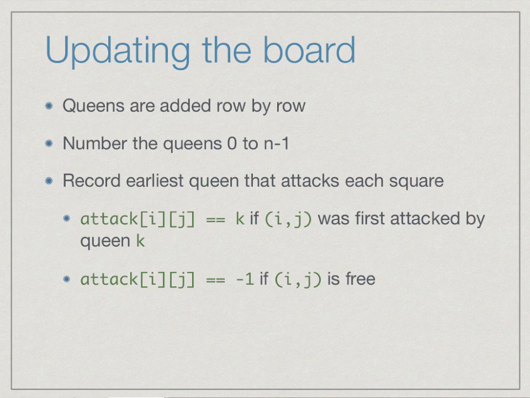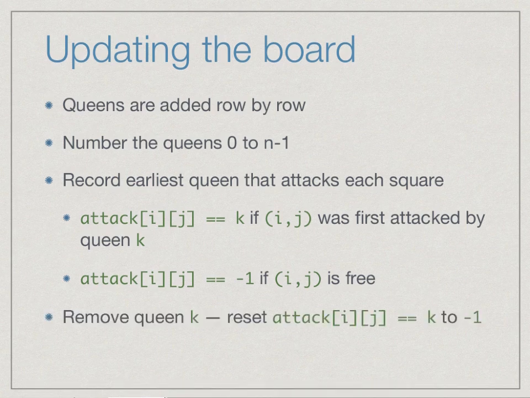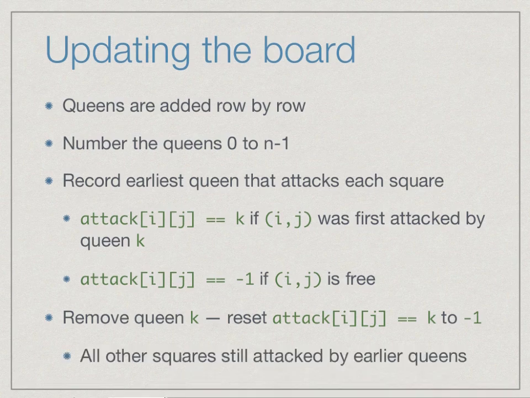So we say attack i j is k if i j was first attacked by queen k, and attack i j is -1 if i j is free. So when we remove queen k, we reset attack i j with value k to -1, and all other squares are still attacked by earlier queens. So we can explain this very easily with the picture that we had before.